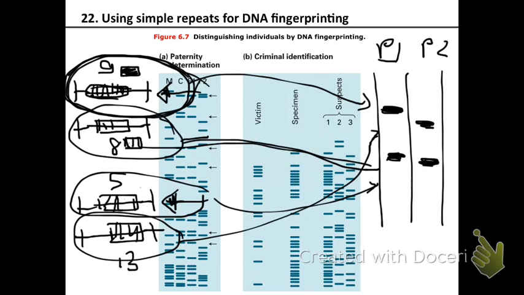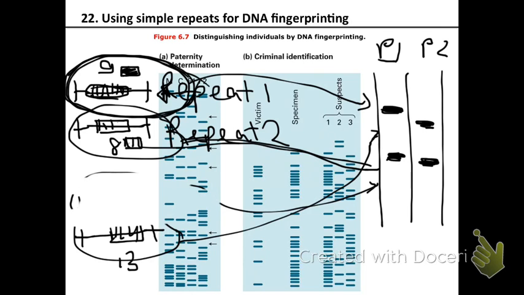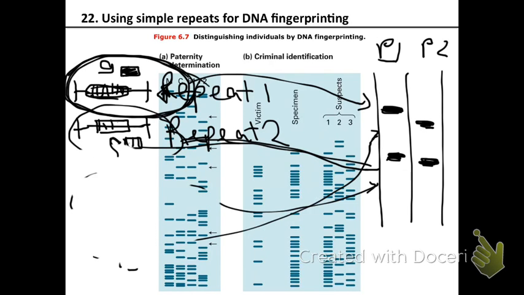So what that means is that here it was simplified. So this is the locus for repeat 1, and this is the locus for repeat 2. And I simplified it and said this one has 9 copies and this one has 8 copies. But in reality, for each of these, you're going to have a second allele containing a different copy number, right?